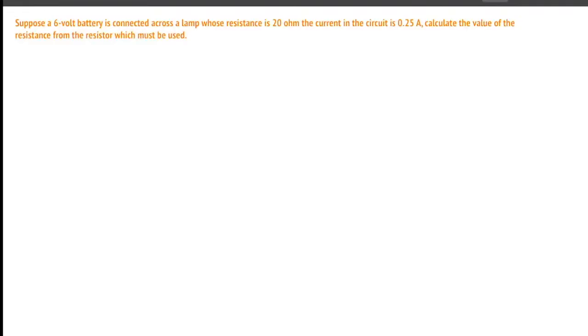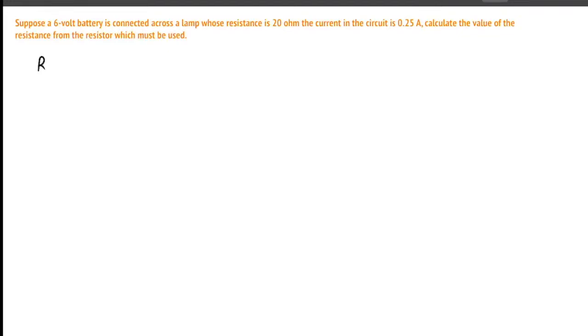So in this question, what is being asked is that apart from the lamp, there was another resistance whose value we are supposed to find. Yes, Tarun, your answer is absolutely correct.